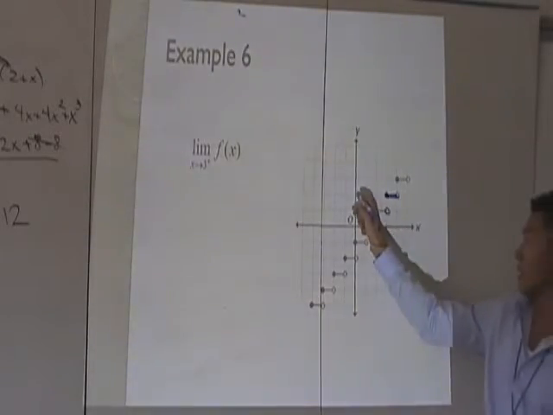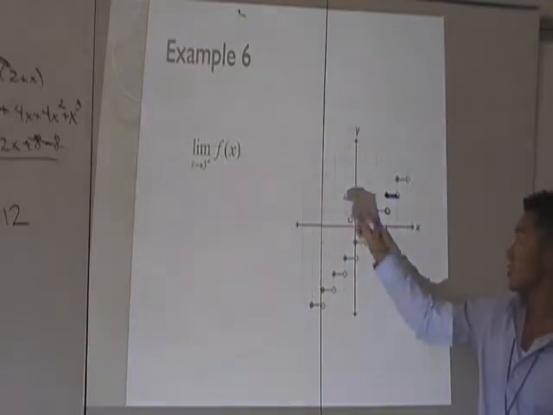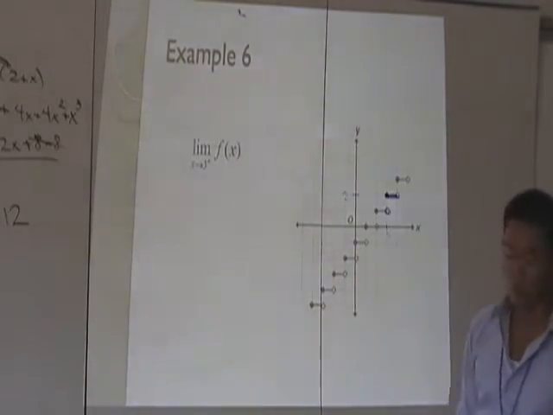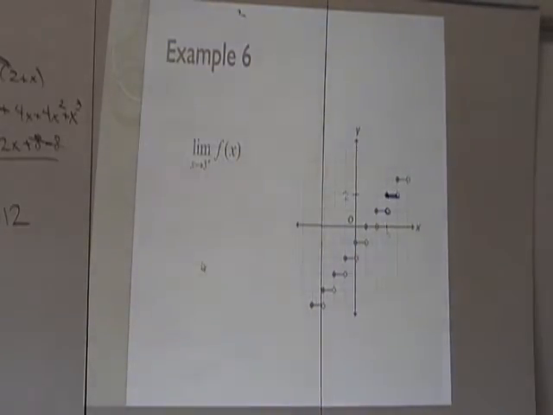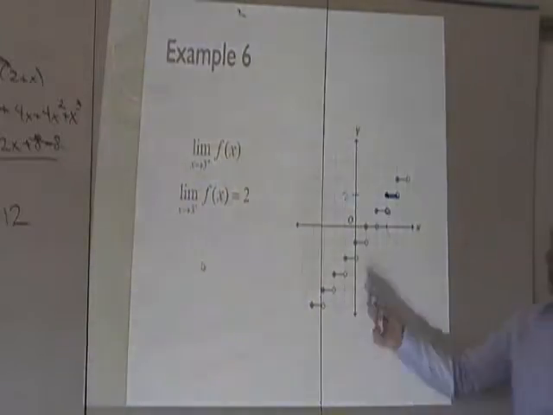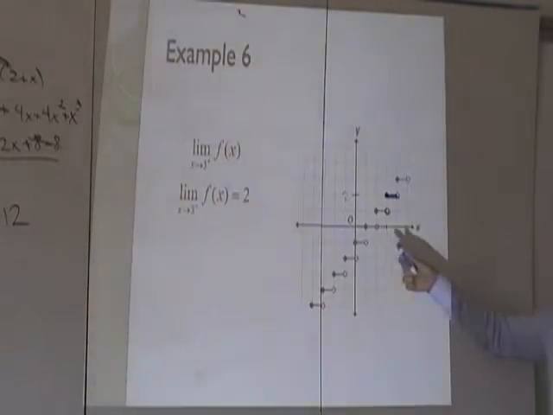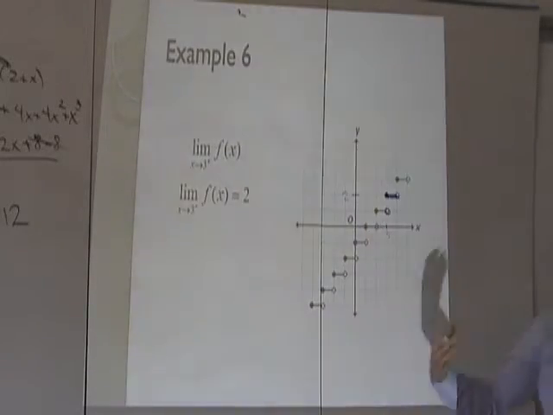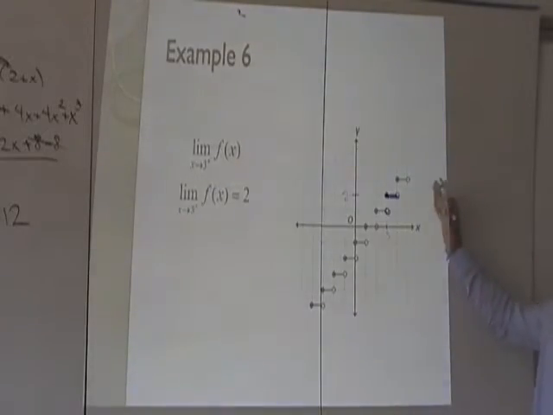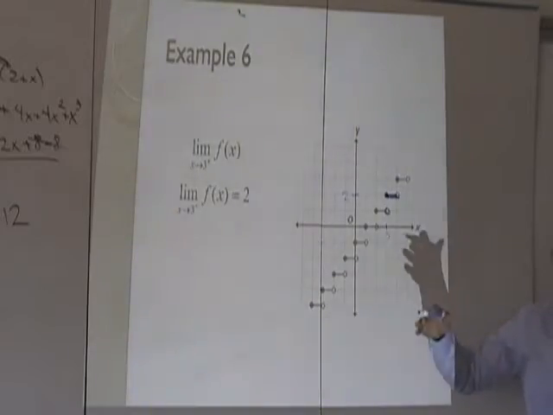And then what's the y value here? 2. So the limit of f of x as x approaches 3 from the right is equal to 2. And this is going to be confusing because you've never looked at a graph this way before. But as it's coming from the right, where does the graph start coming in?